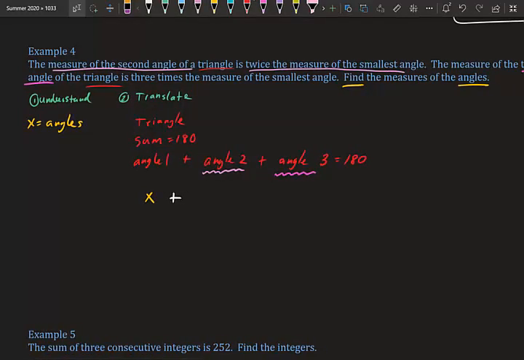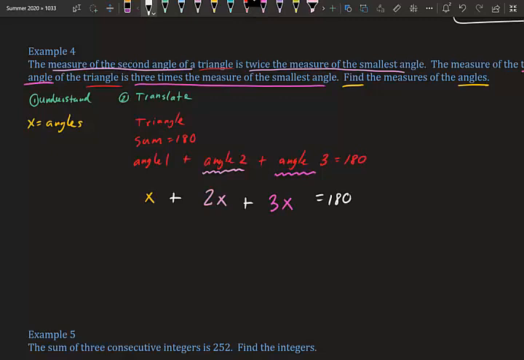So if x is the smallest one, it's twice the size of it, 2x. And then the third angle is 3 times the measure of the smallest angle. So that's 3x. And that equals 180.